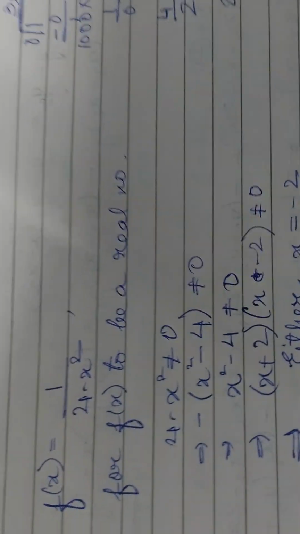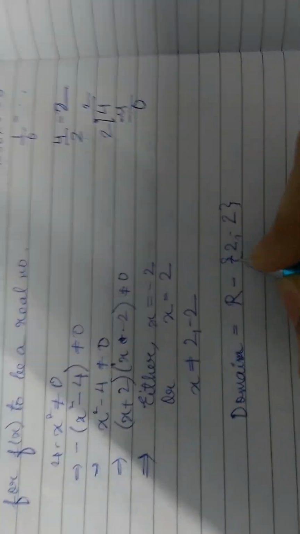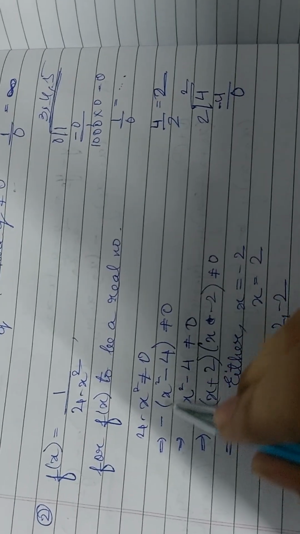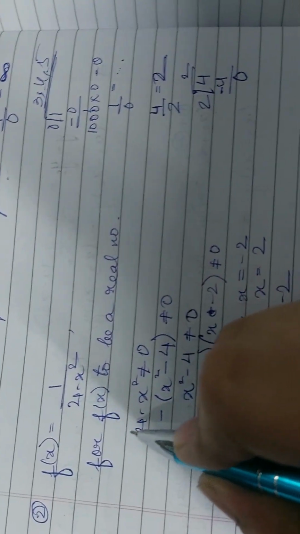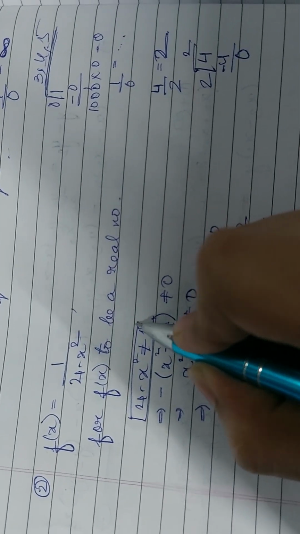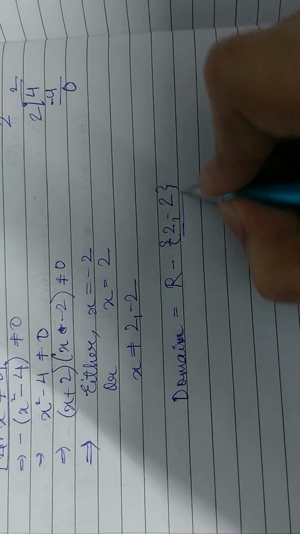It is not anything complex. So that is why the domain can be taken as all real numbers, except 2 and minus 2. Because when we take 2 and minus 2, 4 minus x square becomes 0, which should not be the case for f(x) to be real. So that is why the domain cannot include 2 and minus 2.